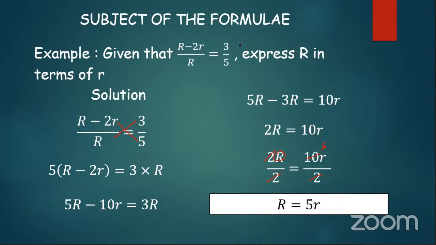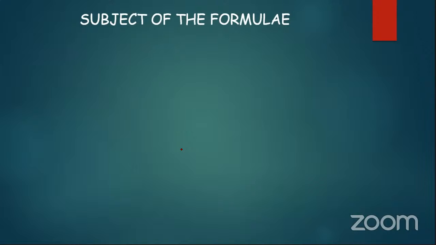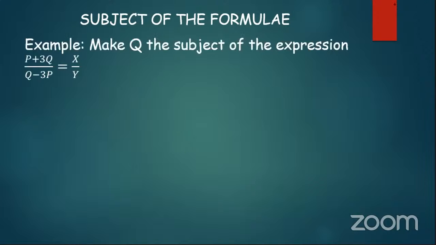Okay. Proceed. So we are given another expression here. Make Q the subject of the expression: P plus 3Q divided by Q minus 3P is equal to X divided by Y. What do we do first?